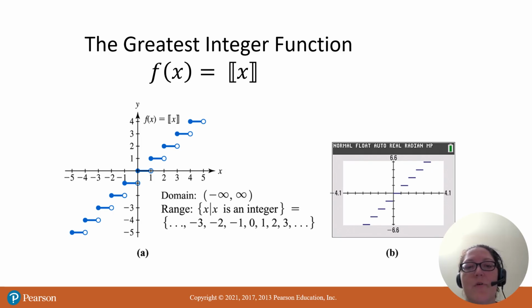And what's super cool about it is it basically takes any number and rounds down to the nearest integer. Okay, because that's the last full integer it would equal before it moved up to the next one.